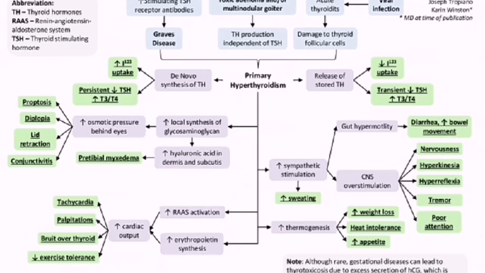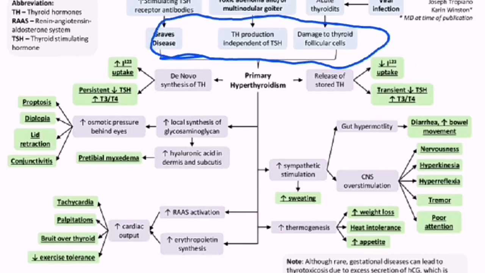You can see here acute thyroiditis. These three can cause primary hyperthyroidism. The primary hyperthyroidism we can see here on the left side.